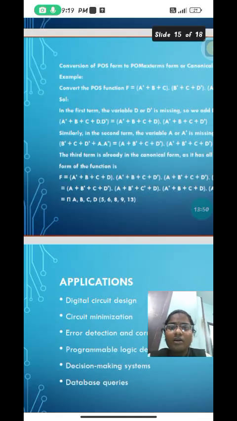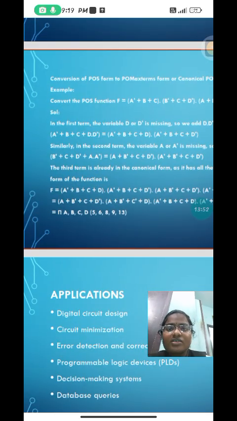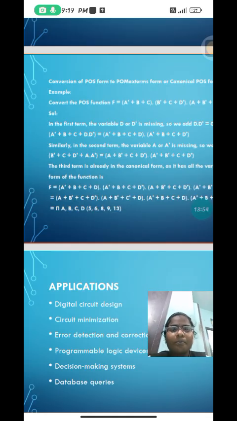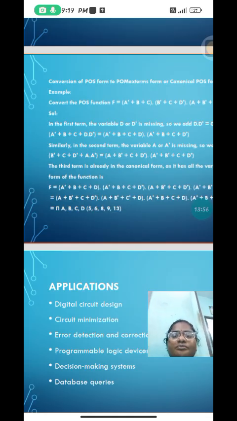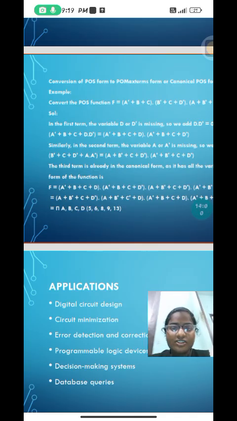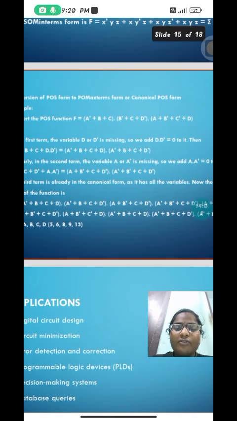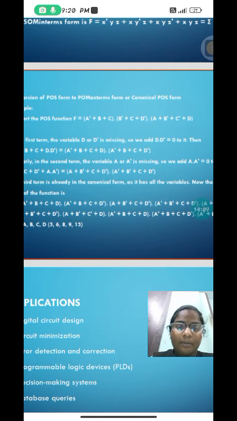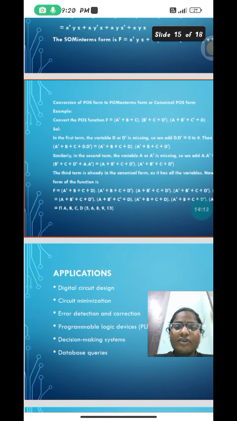Next, conversion of POS to SOP. Example: convert the POS function f equals (a bar plus b plus c) into (b bar plus c plus d bar) into (a plus b bar plus c bar plus d). This is our function.